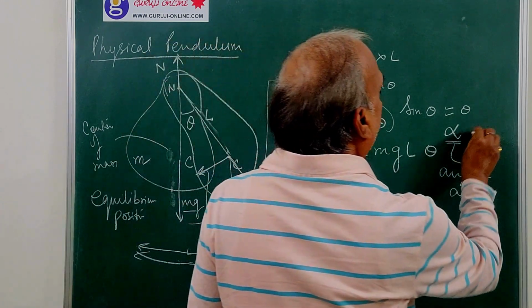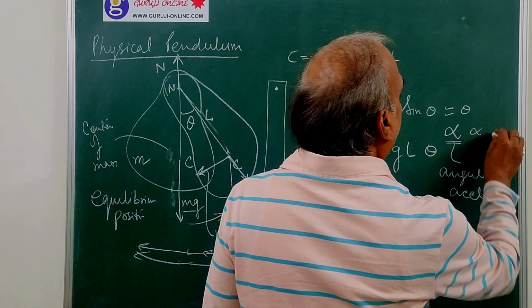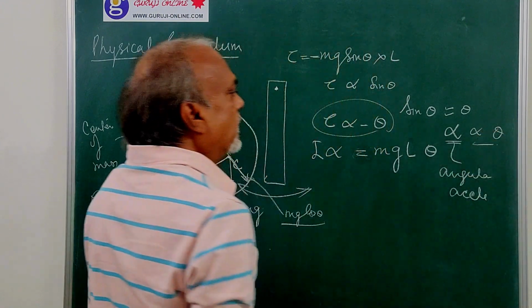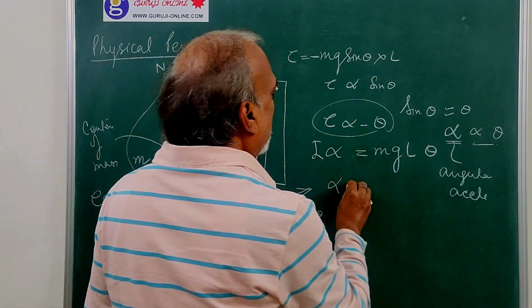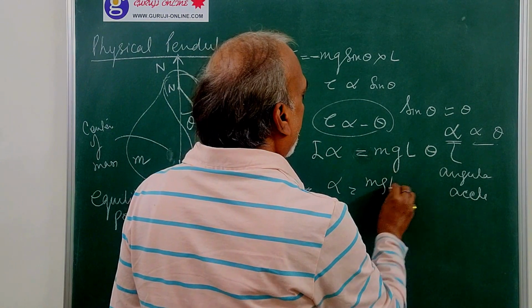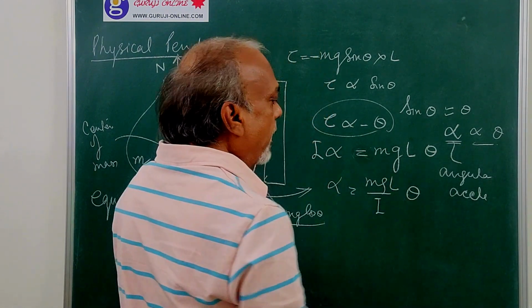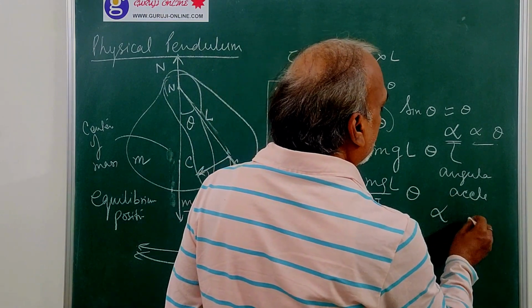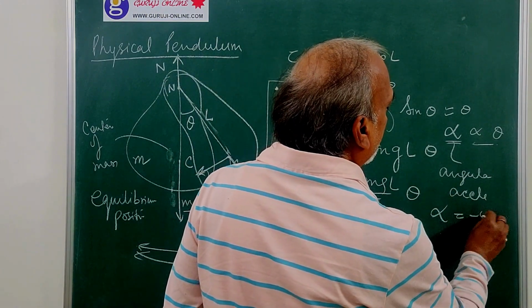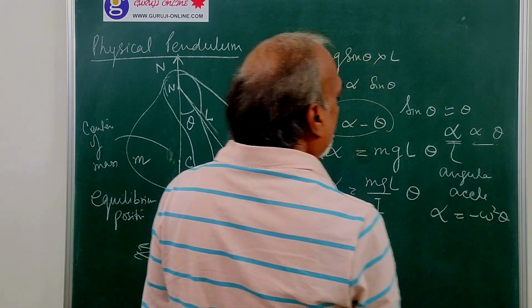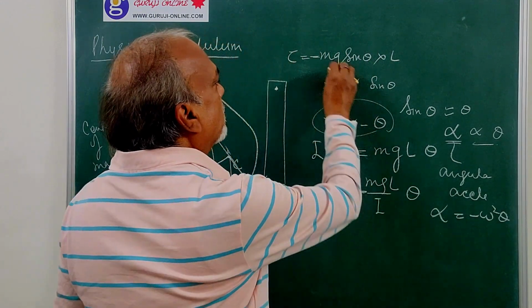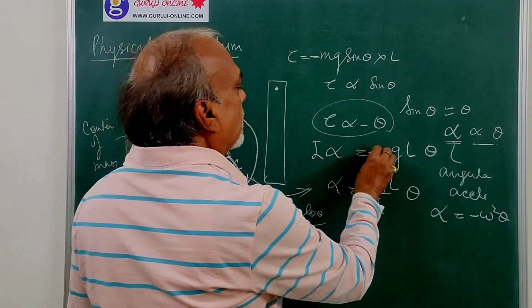So this is basically proportional to theta, the angular displacement. So alpha is nothing but mgl upon I times theta, and in simple harmonic motion, you see minus omega square theta. So here basically this is minus because of this minus, correct?